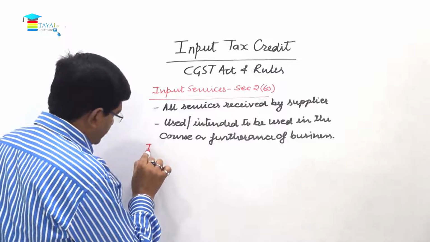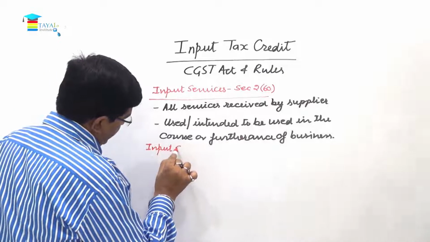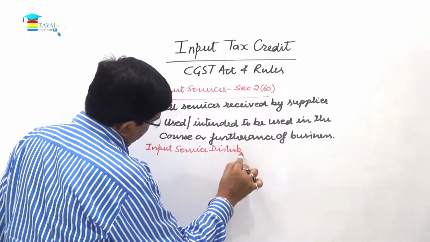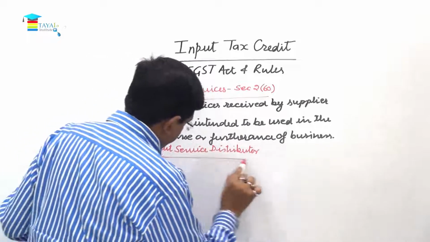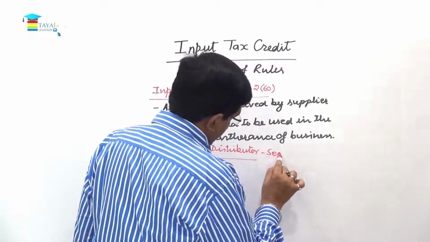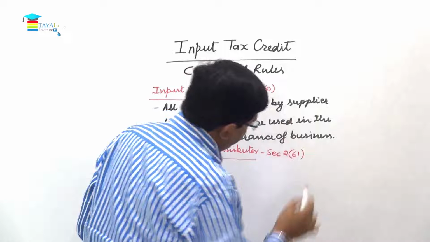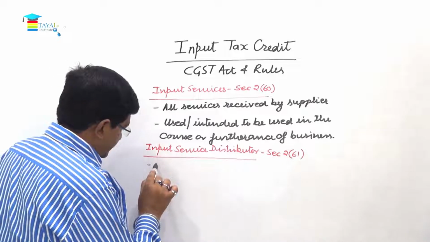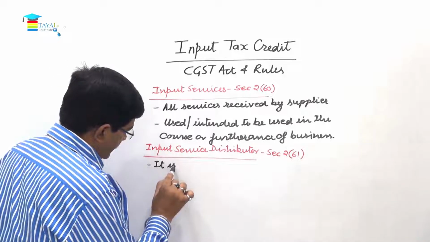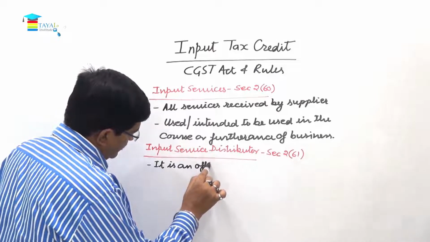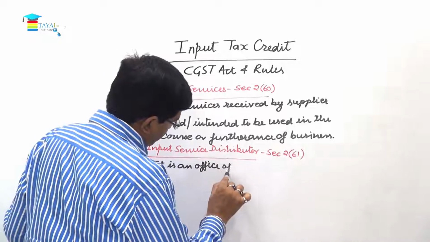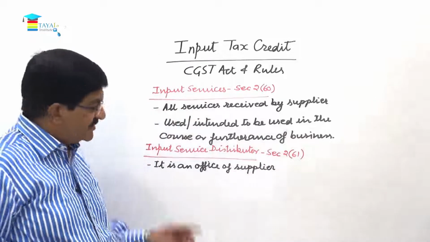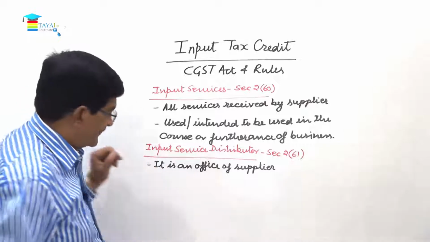So input service distributor, it is an office of supplier, and this supplier may be of goods or services.